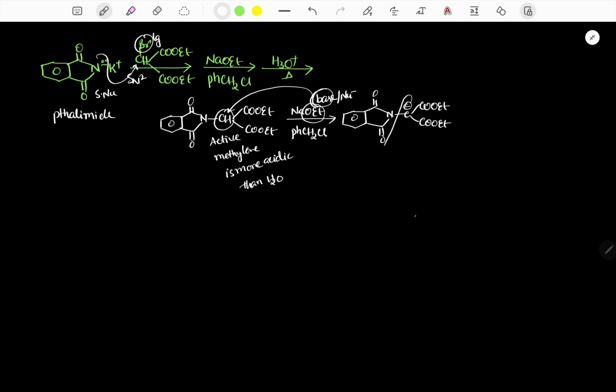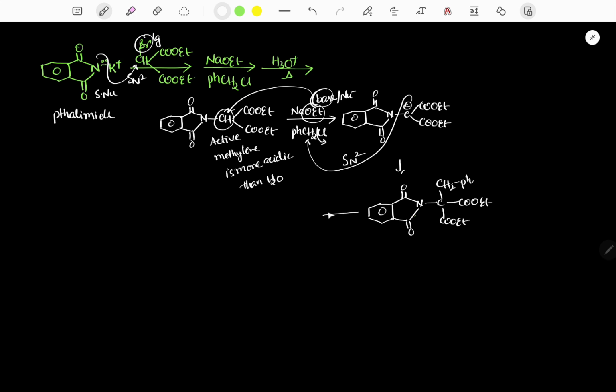Now this nucleophile attacks benzyl chloride through SN2 reaction, and finally it gives the corresponding product like this through SN2 mechanism.